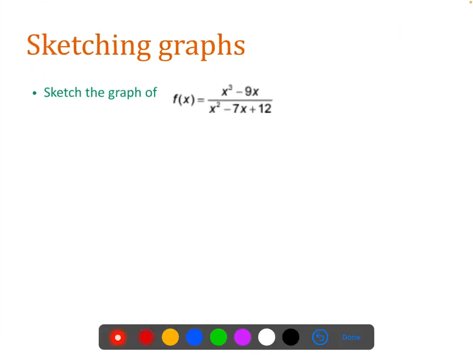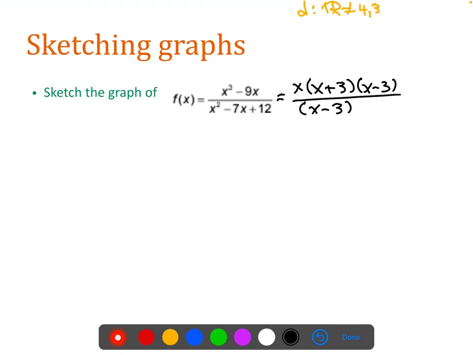Whoa. Sorry about that. Let me go back to where I was working this. Aw, man. He's all gone. So our domain, we had R not equal to 4 and 3.